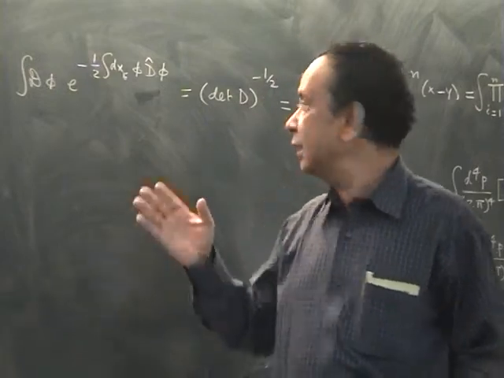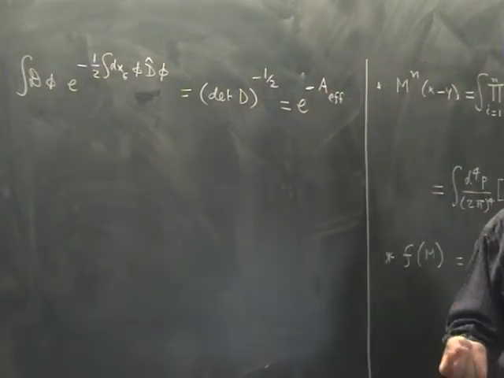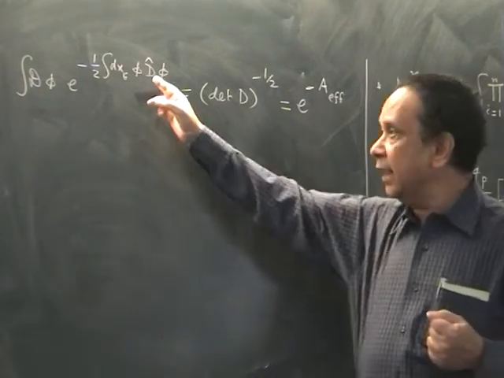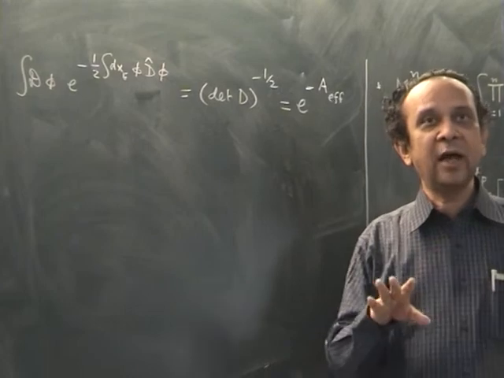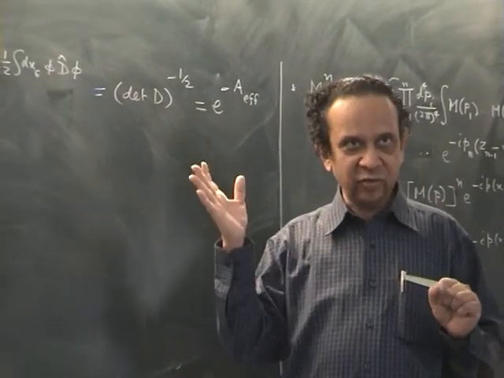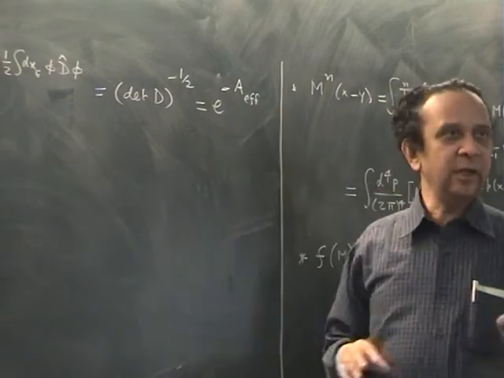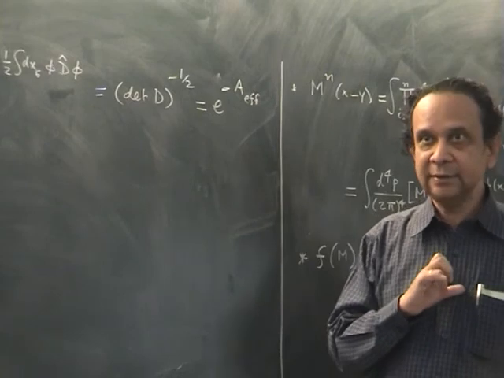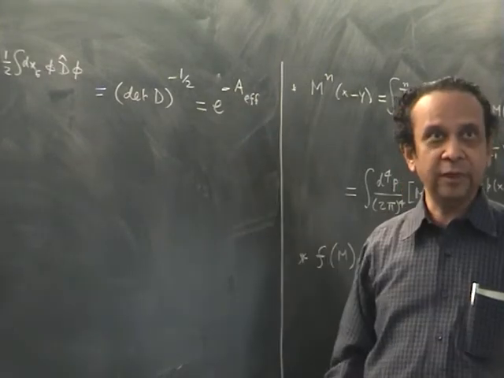So essentially, this A effective is like a free energy, which you are going to compute for this system. Here this D depends on certain parameters or background fields or whatever it may be. In this particular case, only m squared. So this quantity will also depend only on that parameter. And that is what we want to know, what its dependence is, and what the physical meaning of this quantity is.